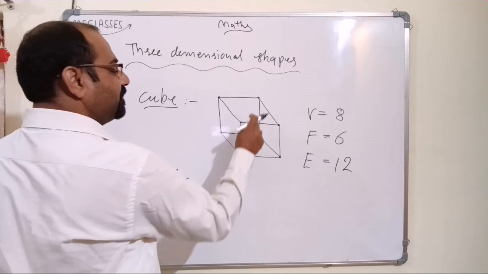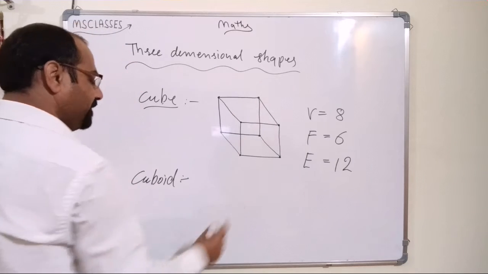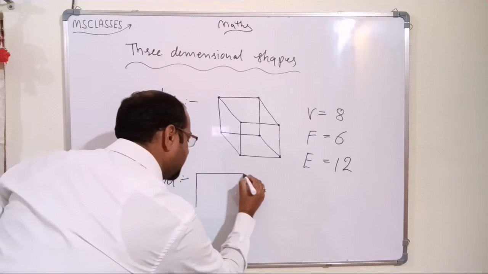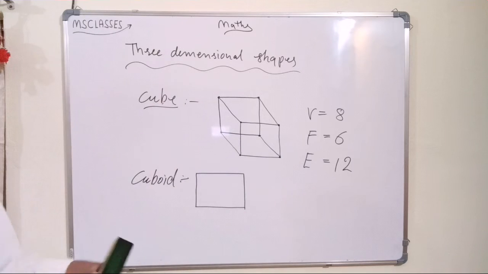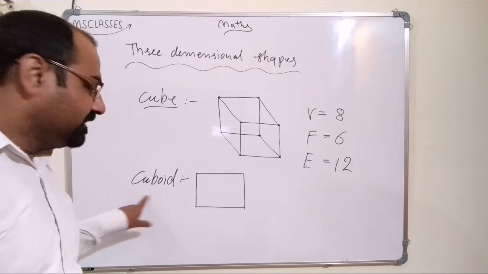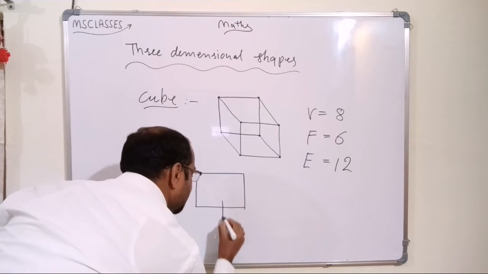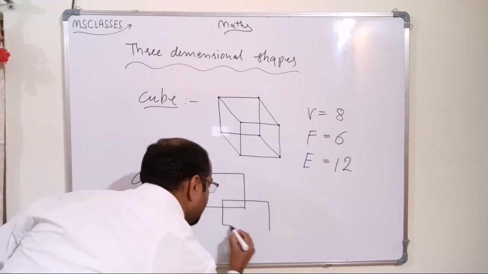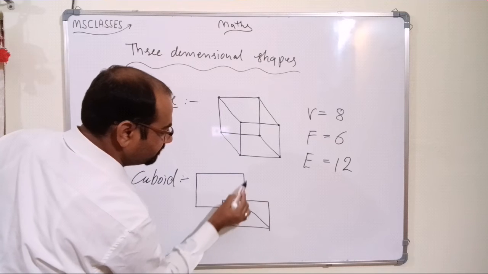In a cube, all sides are equal, but for a cuboid, here we take a rectangle. A cuboid is made from a rectangle. So we have another rectangle, and I will join the vertices.